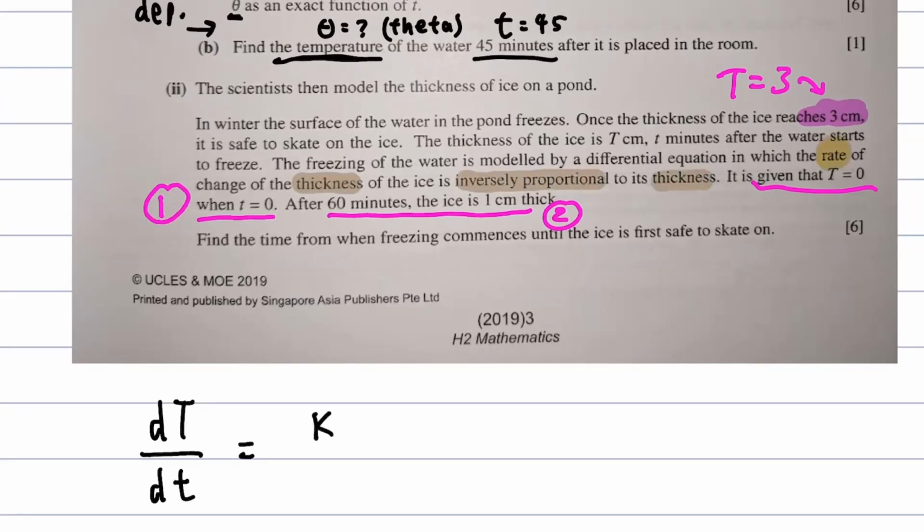So k over thickness T, the big T again. So k over T. Okay. Yeah, that's it. That's all. Easy, right? Easy, good.